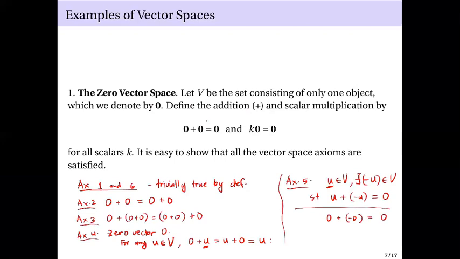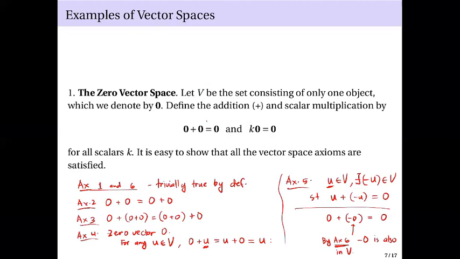And this negative of 0, because of the closure by axiom 6, the closure of scalar multiplication, negative 0 is also in V. But V contains only the 0.